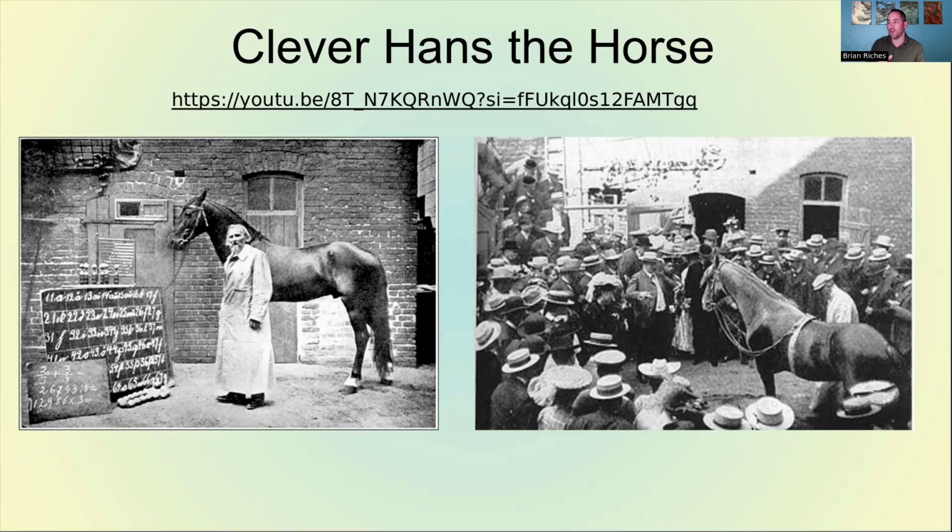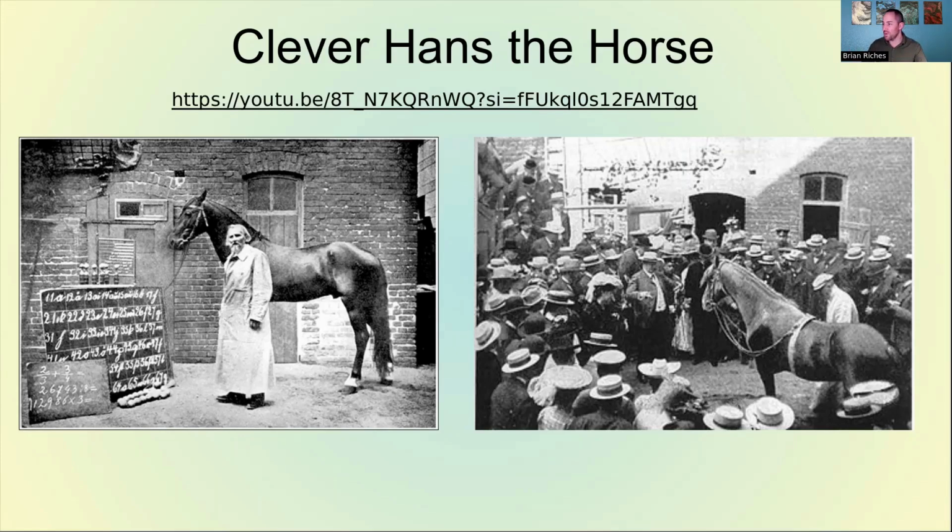They also moved away the crowd, had fewer people in the crowd. They did new questions that the horse probably wouldn't have heard before, all sorts of different things. And what they noticed was when the crowd was smaller or really far away, the horse would get the questions wrong way more often. And this is because the horse had actually been trained to follow people's body language.